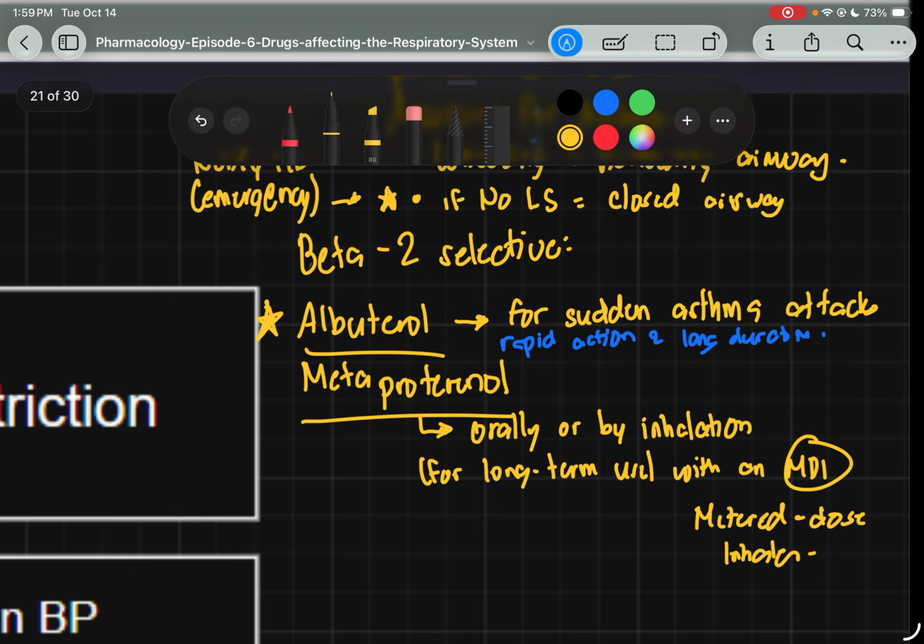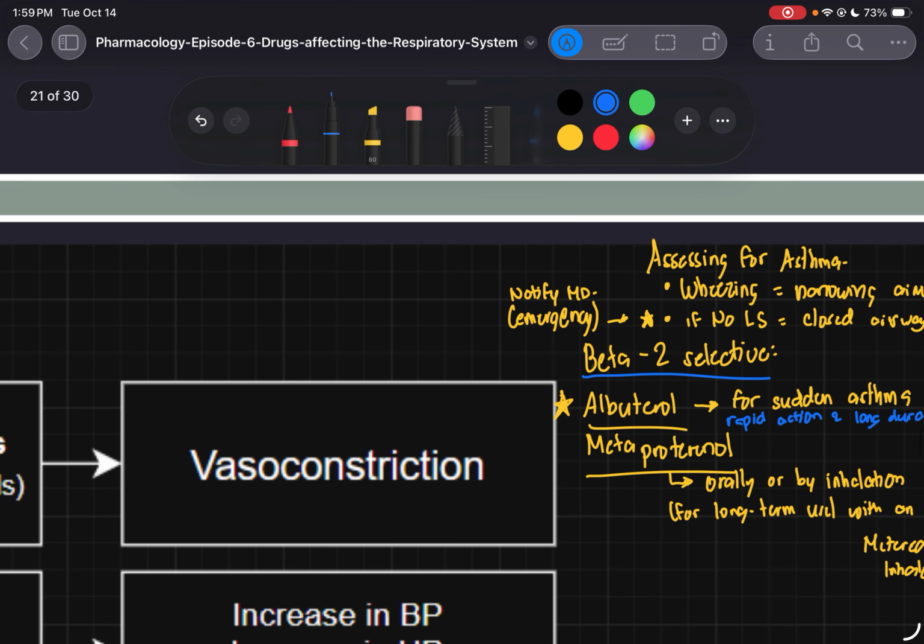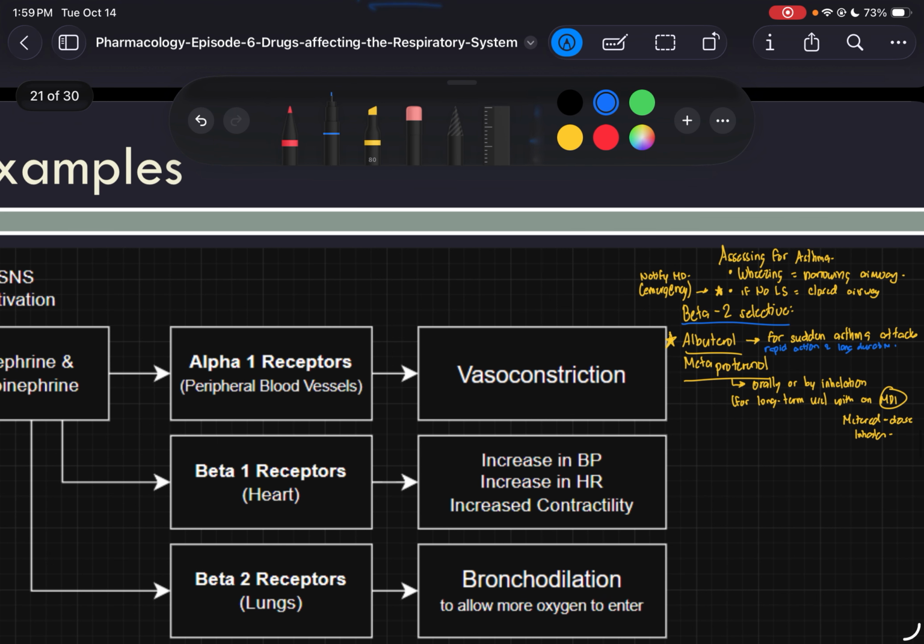The thing about these two drugs is that they are beta-2 selective. Meaning, their action is very simple. Since they are agonists, they will increase only the effect of your beta-2. And remember, the effect of your beta-2 is to promote bronchodilation, so they will increase bronchodilation.